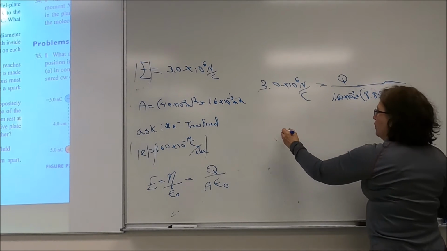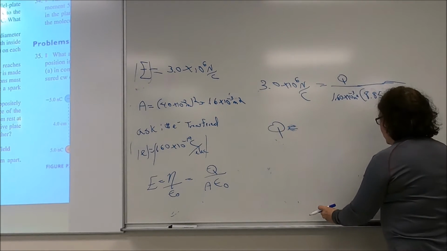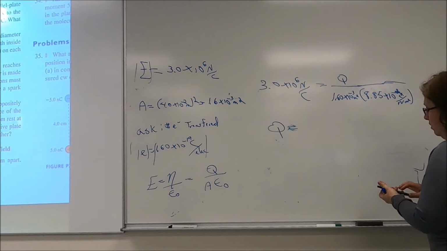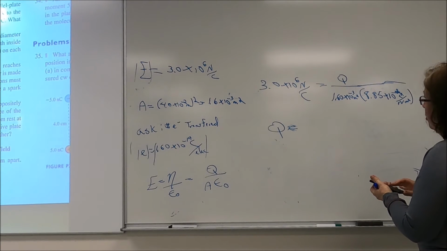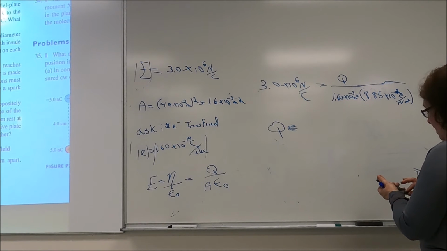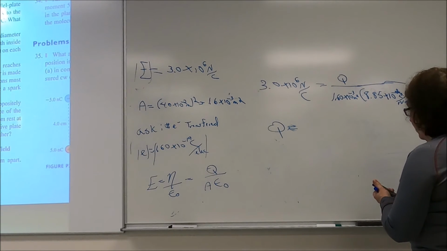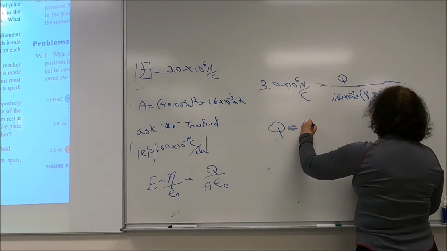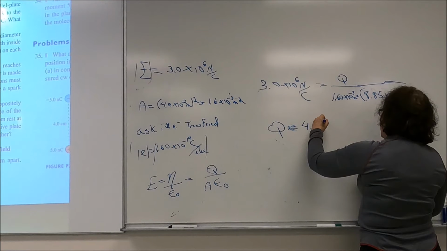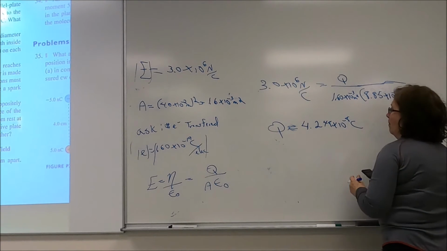Okay, and I'm going to solve for Q. We solve for Q. 3 times 10 to the 6 times 1.6 times 10 to the minus 3 times 8.85 times 10 to the minus 12 gives me a charge of 4.248 times 10 to the minus 8 coulombs.